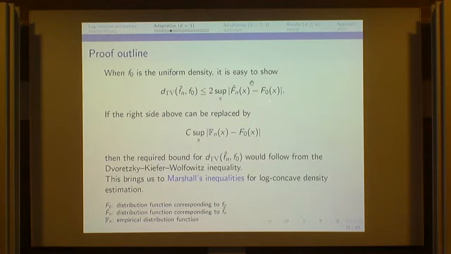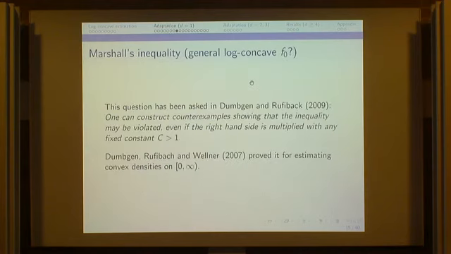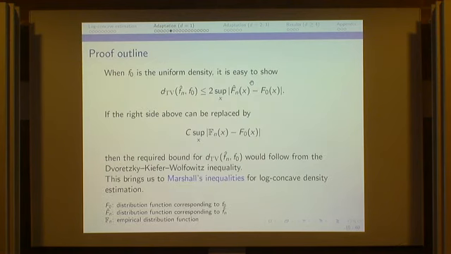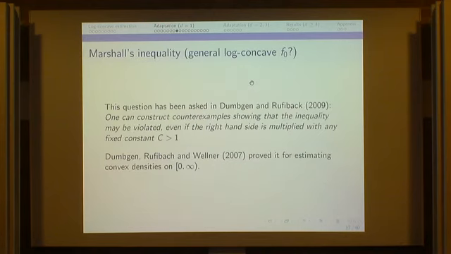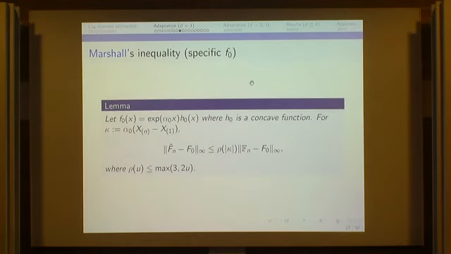That's what Dümbgen and Rufibach proved. But since this is a universal result, it is also a worst-case scenario, right? So it's possible that we can find some smaller class of densities which satisfies these relations. And that's what we proved in our paper.